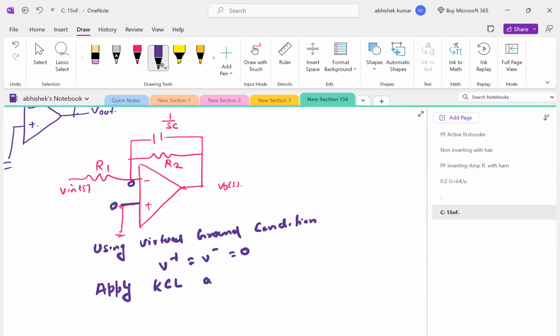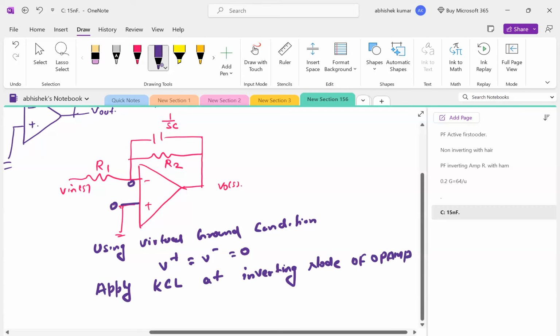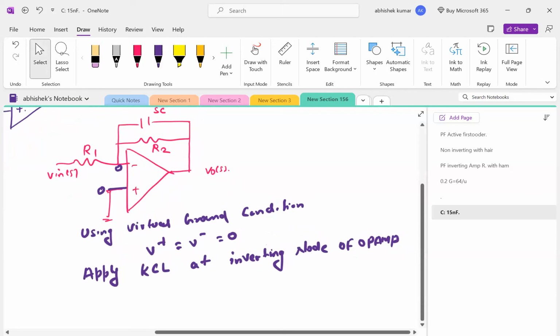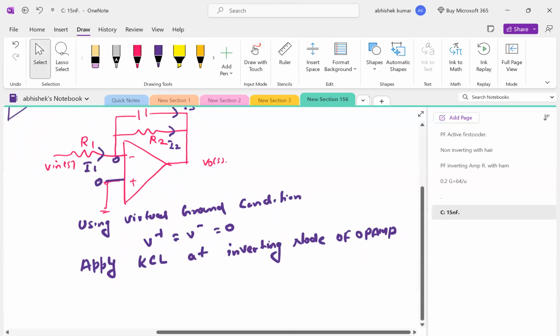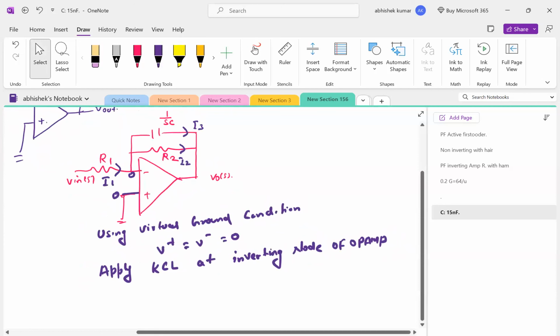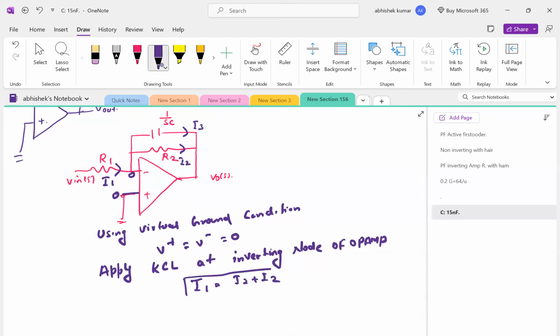Okay. Now apply Kirchhoff's current law at the inverting node of the op-amp. If I name this current I1 going, this current I2 going, and this current I3 going, then by Kirchhoff's current law, current entering equals current leaving, so I1 equals I2 plus I3.